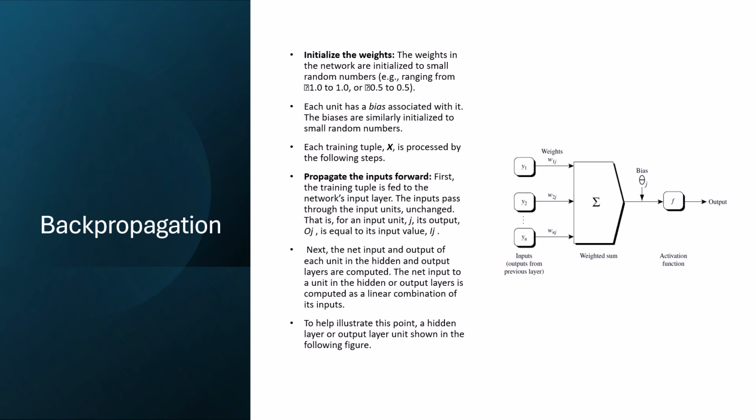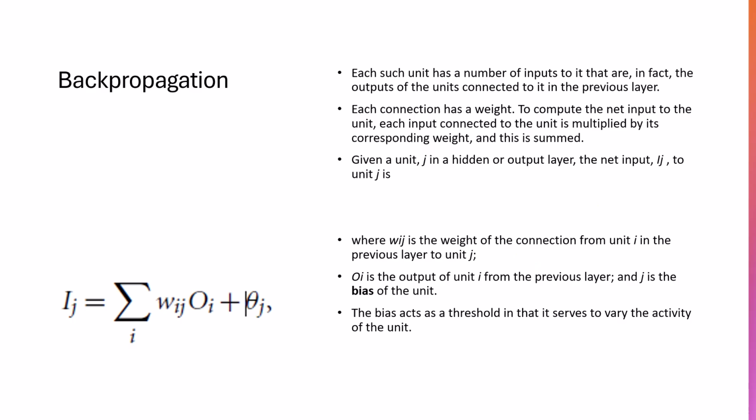Next, the net input and output of each unit in the hidden and output layers are computed. The net input to a unit in the hidden or output layer is computed as a linear combination of its inputs. Each unit has a number of inputs to it that are in fact the outputs of the units connected to it in the previous layer. Each connection has a weight. To compute the net input to the unit, each input connected to the unit is multiplied by its corresponding weight and this is summed.